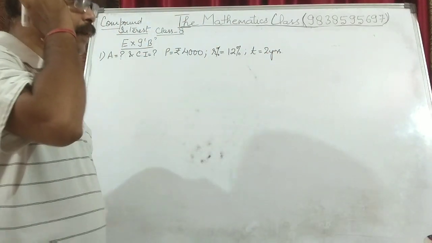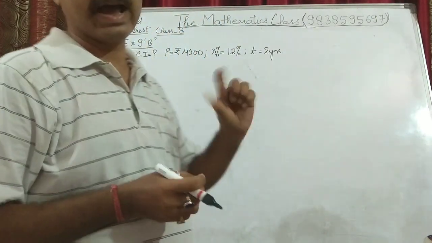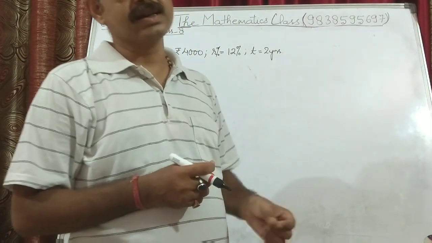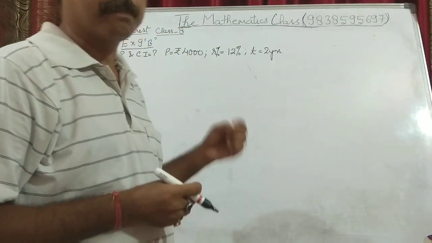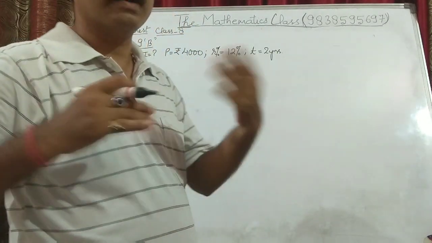Wherever you find in a question compounded annually, compounded yearly, or compounded quarterly, it means it is a question of compound interest. You have to use this method, or you have to find the compound interest.